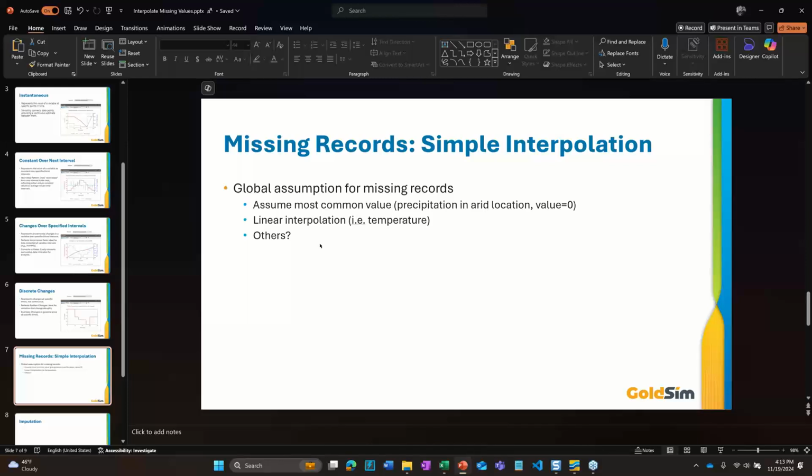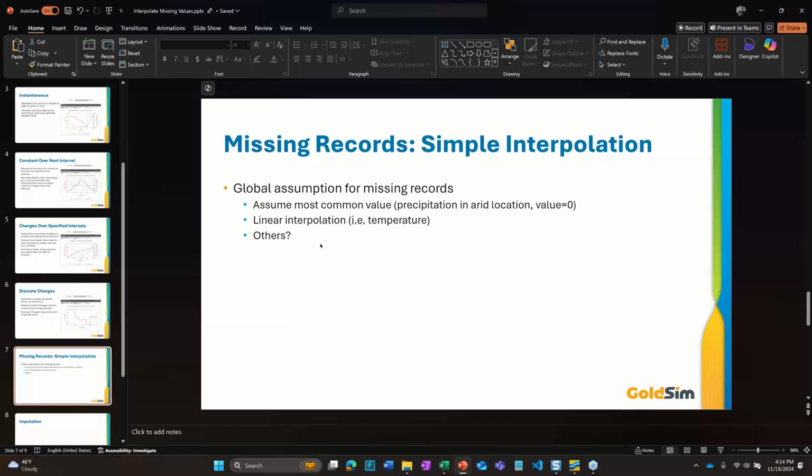What I want to talk about now is how we deal with missing records using just a simple interpolation. When we approach this kind of problem, we need to take in the context of what our data is. So let's say we're dealing with precipitation in an arid location. In those cases, you might say, okay, most of the time it's not raining.